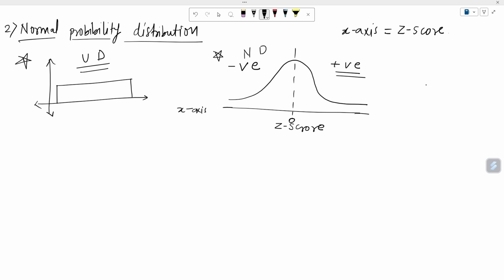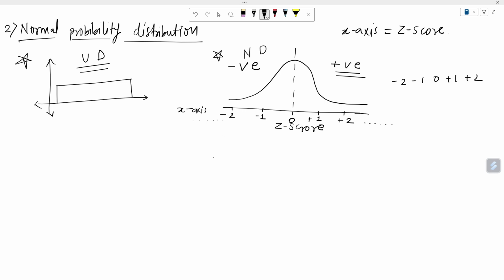Just like an integer which starts like this: -2, -1, 0, +1, +2. Similarly, z-scores also start like this: -2, here -1, the middle is 0, here +1, +2, and so on.